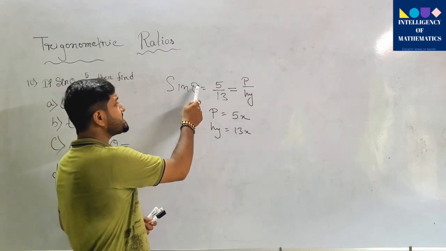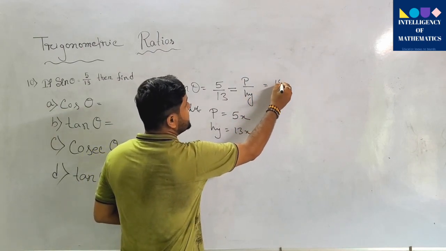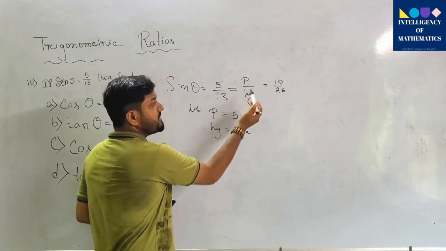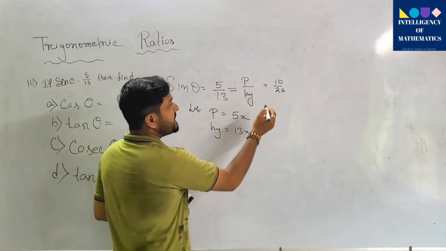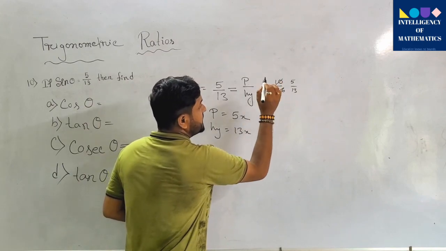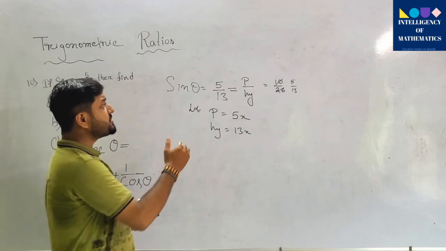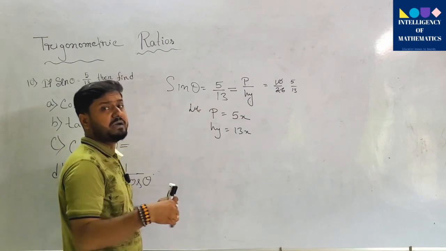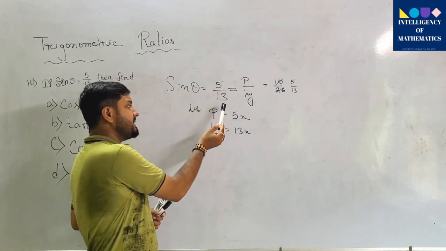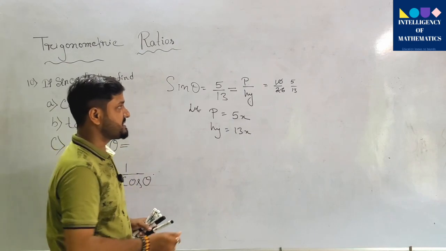Because the ratio of sine theta, 5 by 13, may also be given as 10 by 26. So perpendicular 10, hypotenuse 26, because if you reduce it, dividing both by 2 gives 5 by 13. So whenever these ratios are given, you have to take a multiple of something. So we take perpendicular as 5x and hypotenuse as 13x.